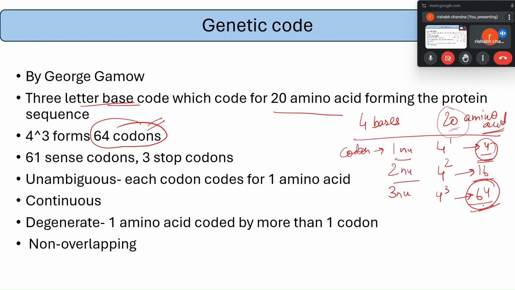This is how they arrived at the number 64. Although research is going on as to whether a 4-nucleotide or 5-nucleotide codon can also exist, that is still research only, and no outcome has come yet.